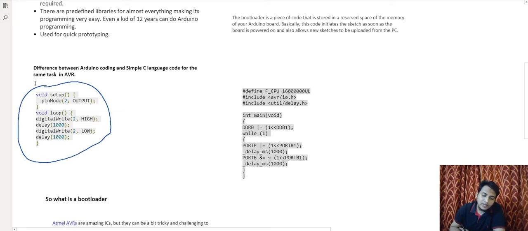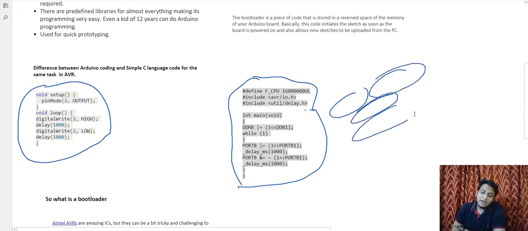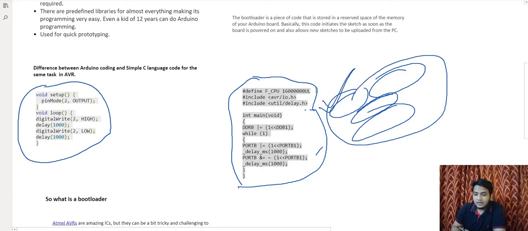This code does the same as this code, but this code is a bit tricky and requires some domain knowledge about what a microcontroller is, how it works, and about RAM and ROM, and some port manipulation, bit manipulation, and all those things you need to know if you are going to write the code in this format. This is a C language .c file, and this is an INO file.